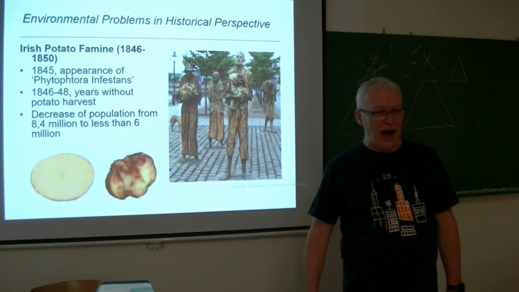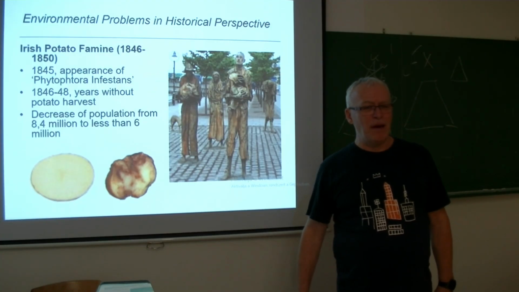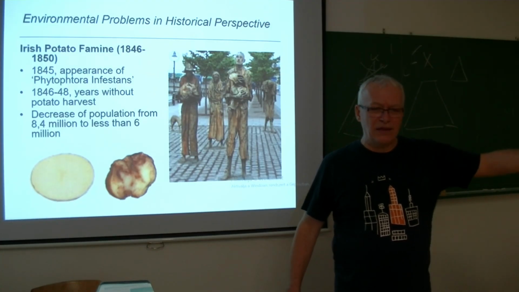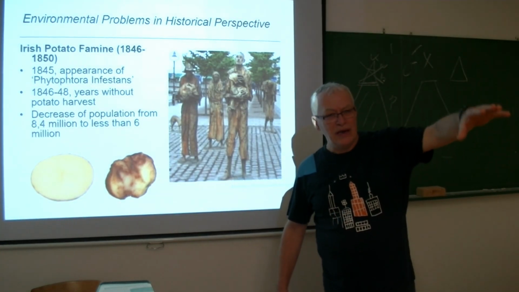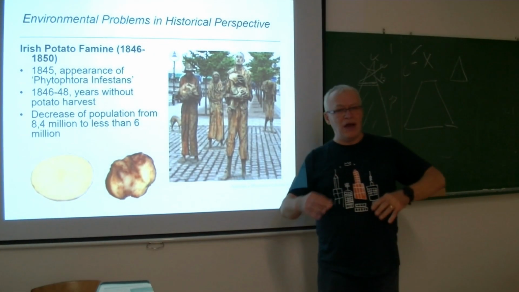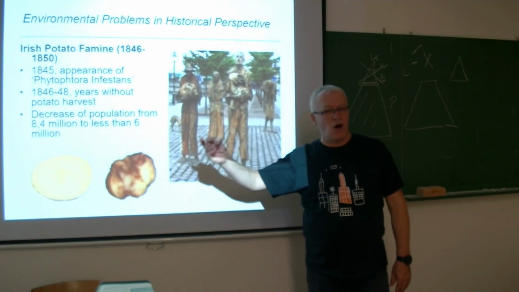Half of that died in typhus and different epidemics. Half of them emigrated to the United States, for example, in the district of Brooklyn, which was an Irish area, emigrated to Australia and emigrated to Scotland.